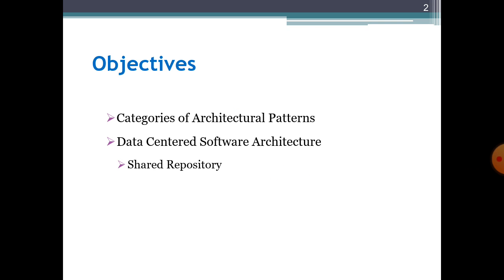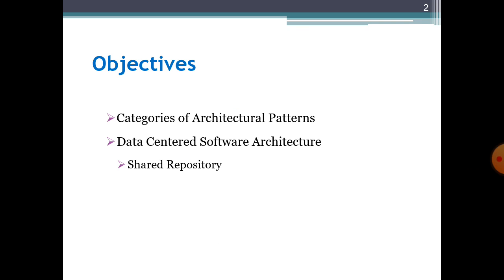So, students, here is a brief objective of our today's lecture discussion. In this lecture, we will discuss other categories of architectural patterns. We will see the shared or data-centered oriented architectural style, in which we have two different types of data-centered oriented patterns.